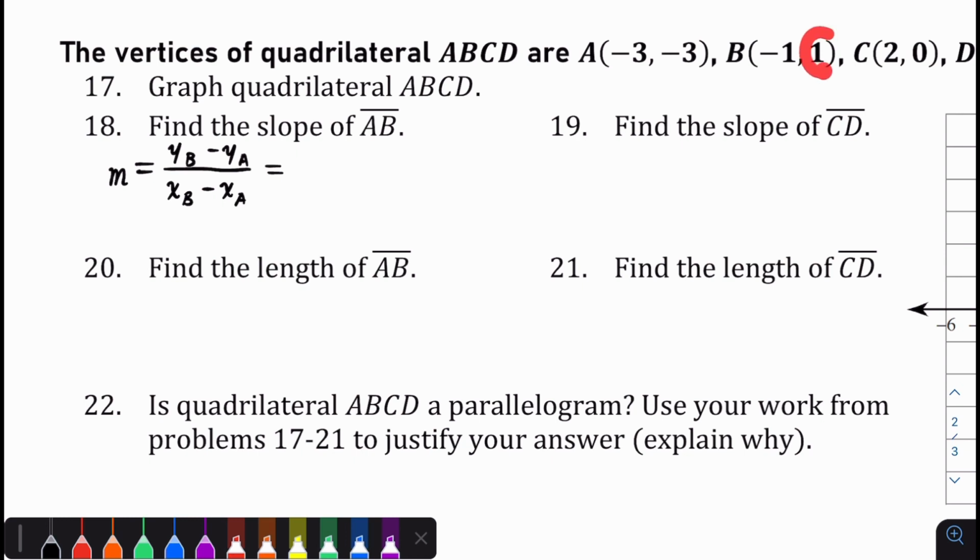My Y component of B is 1. My Y component of A is negative 3. My X component of B is negative 1. And my X component of A is negative 3.